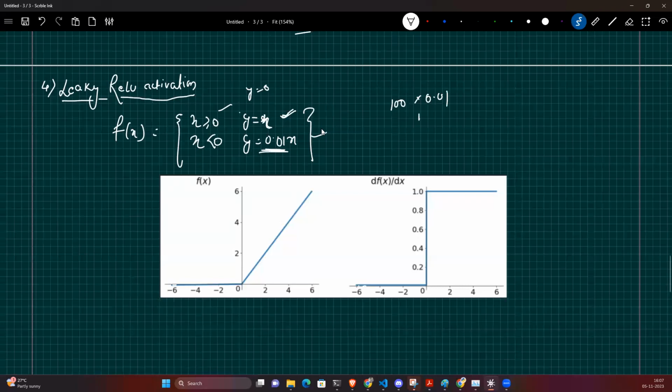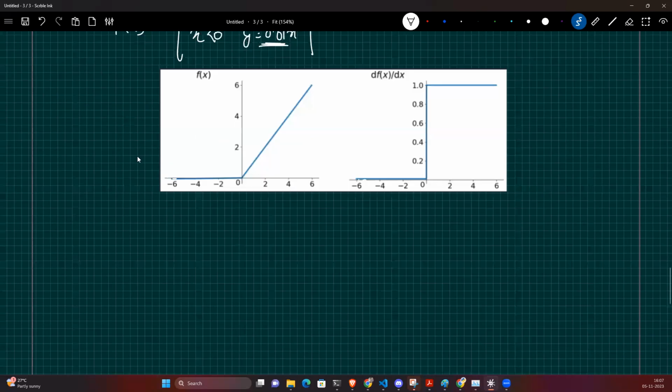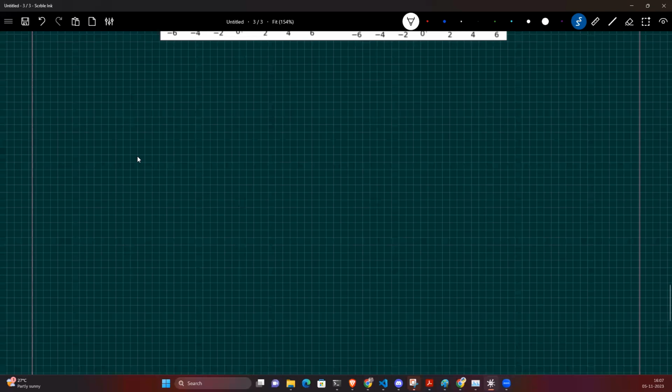Did you understand? So in order to overcome this problem, another activation function came into the picture, which is called ELU, exponential linear unit function.